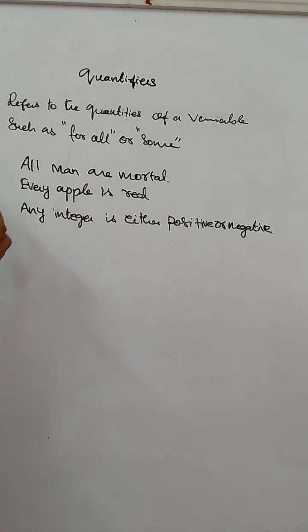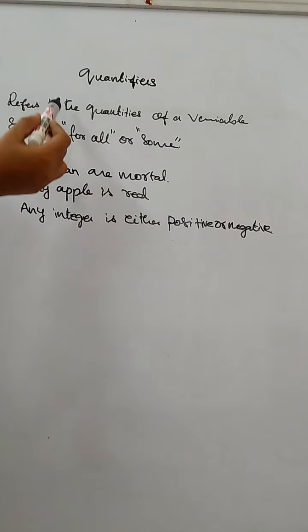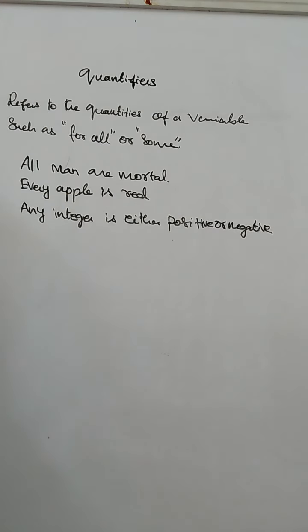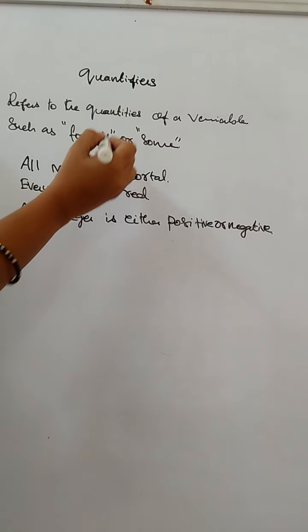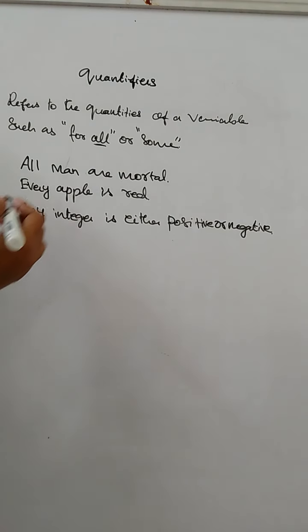So you just see here, I have already mentioned quantifiers refer to the quantities of a variable such as for all or some. Okay. So for all will be considered the universal quantifier, and some will be considered the existential quantifier.